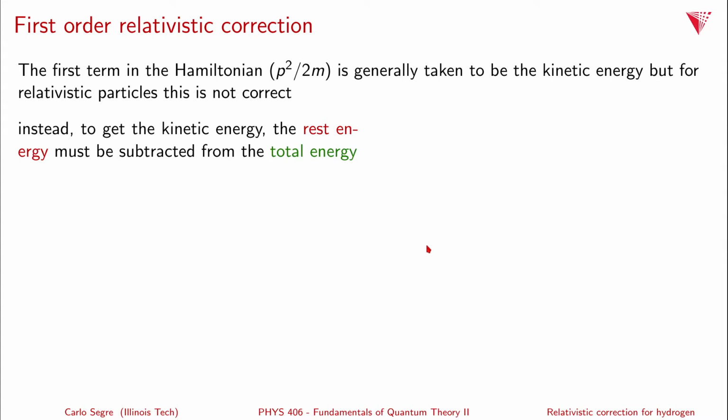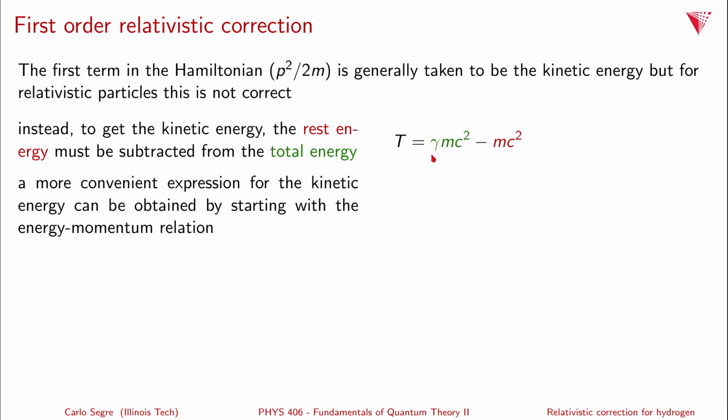The total energy is given by gamma mc squared, where gamma is the relativistic gamma, which is equal to 1 over the square root of 1 minus v squared over c squared. And so this depends on the velocity of the particle. And the rest energy is just mc squared.